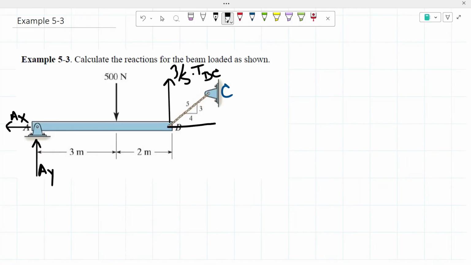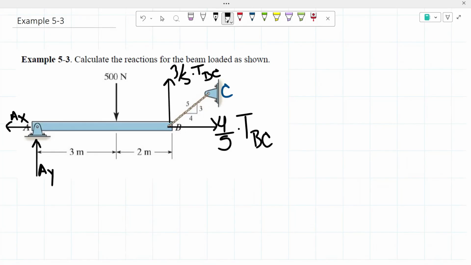And then for our horizontal tension, we're going to be able to determine its value by multiplying 4/5 times the tension of BC.